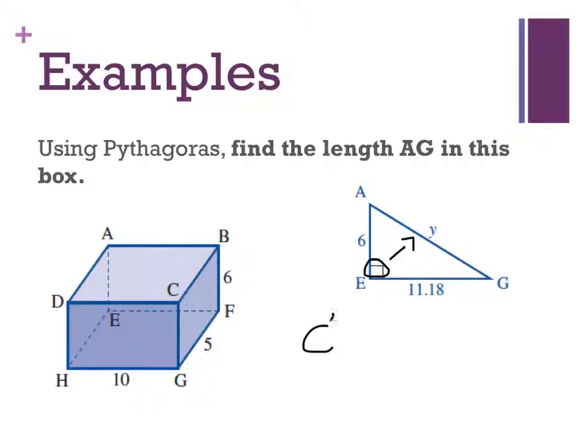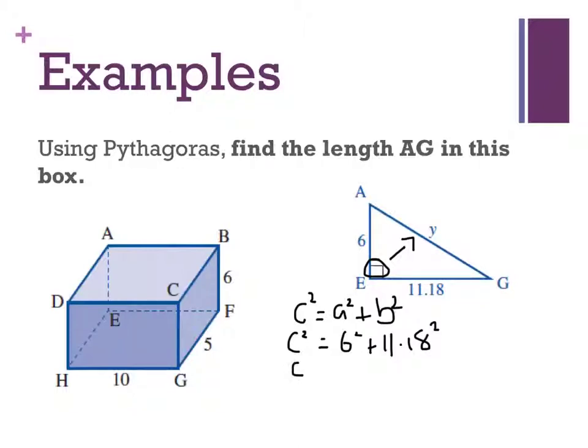So c squared, I wrote that really big and I'm going to run out of room, aren't I? Let's do that again. c squared equals a squared plus b squared. Okay, let's sub into our formula. c squared equals 6 squared plus 11.18 squared.